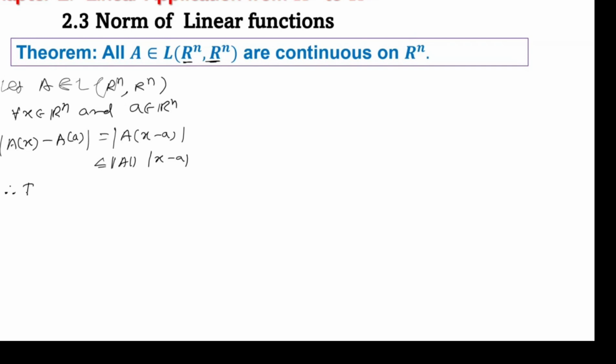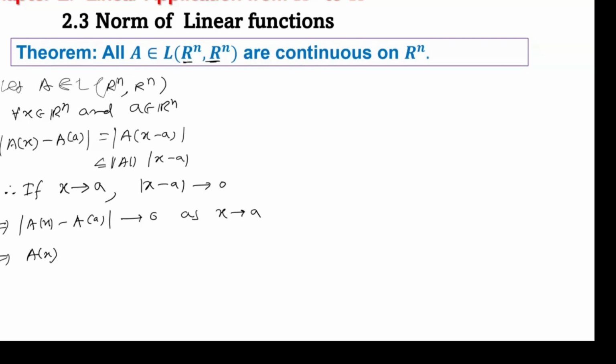Therefore, if x tends to a, then x minus a tends to 0. So this implies mod of Ax minus Aa tends to 0 as x tends to a, which implies Ax tends to Aa when x tends to a.